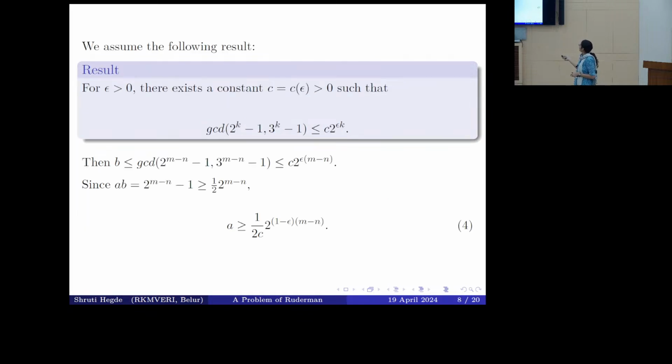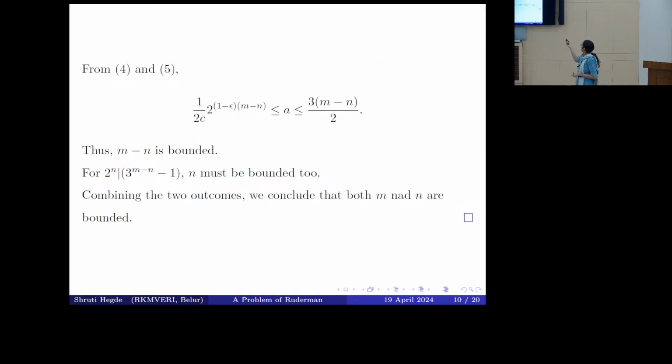If m minus n is bounded, n is also bounded, right? So we can say that m and n are bounded such that 2 power m minus 2 power n divides 3 power m minus 3 power n. The first relation is also satisfied only by finitely many m and n.